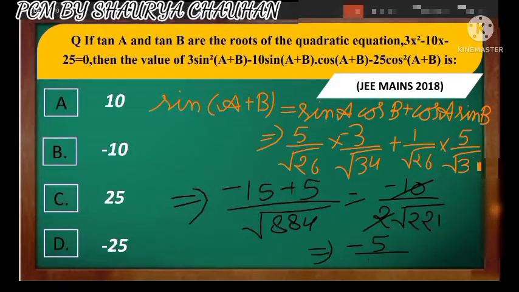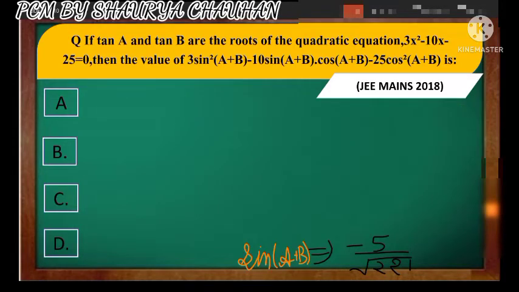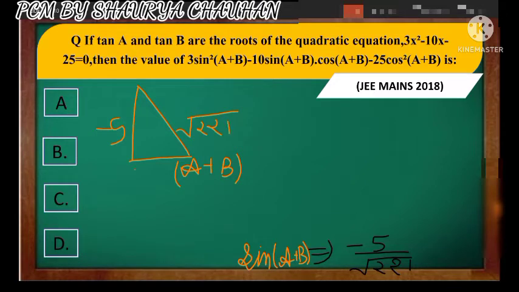This is the value of sin(A+B). Now by making the triangle for A+B, with perpendicular minus 5 and hypotenuse root 221, the base comes out to be 14 by applying the Pythagoras theorem.